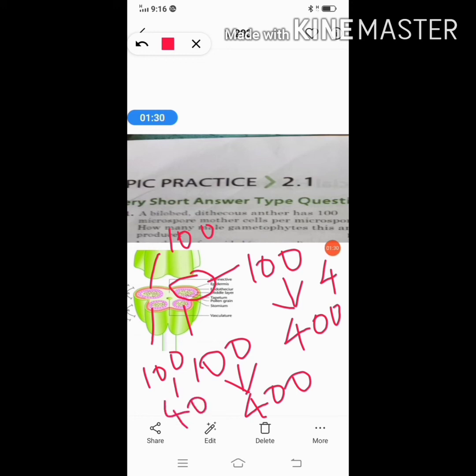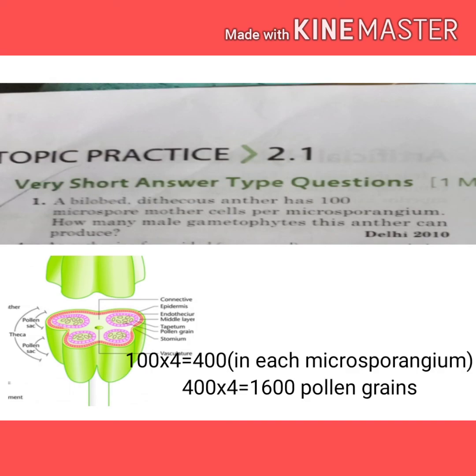Each microsporangium produces 400 microspores or pollen grains. So total 400 into 4, 1600 microspores or pollen grains or male gametophytes are produced.